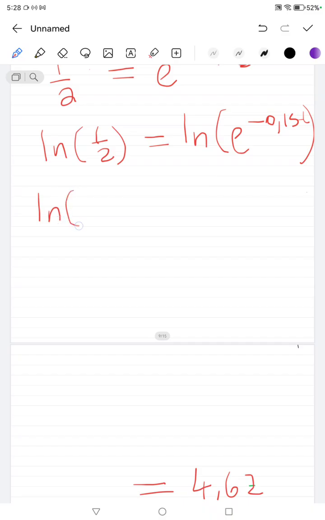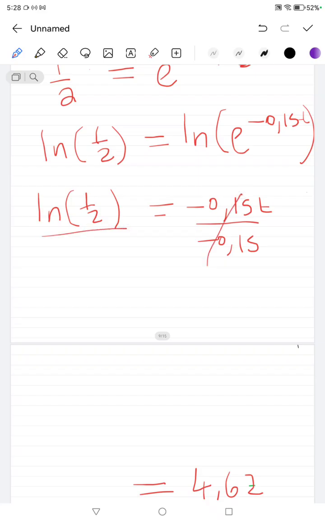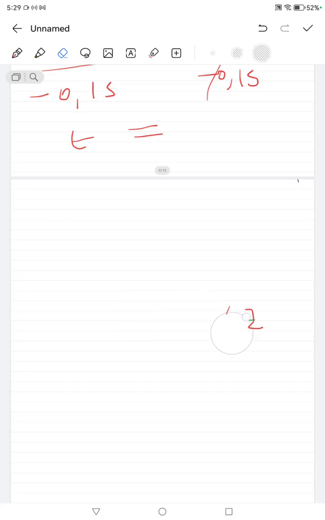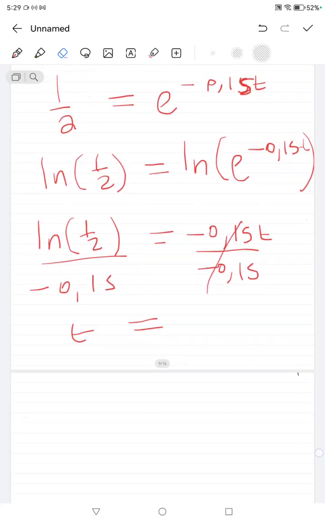You have a ln of 1/2 equals minus 0.15 T. Then you divide by minus 0.15, divide by minus 0.15, then your T, that's how much? A ln of 0.5 divided by minus 0.15.